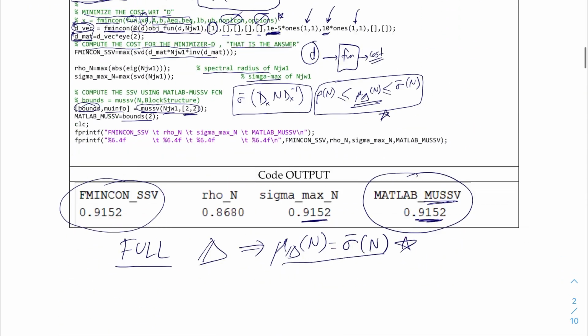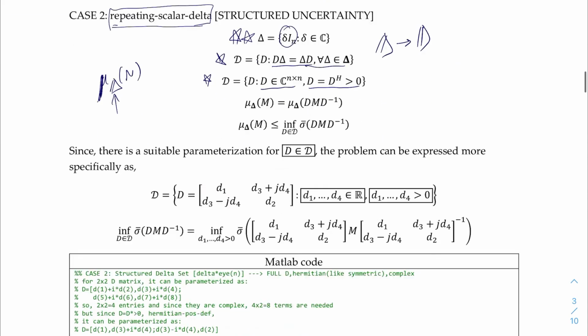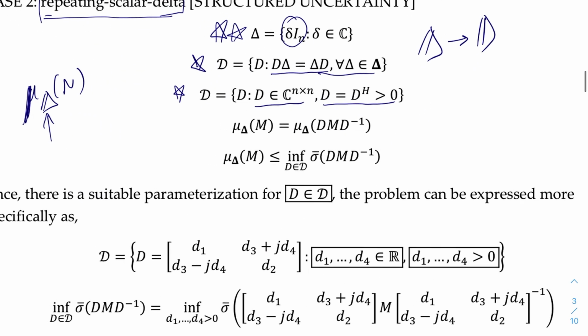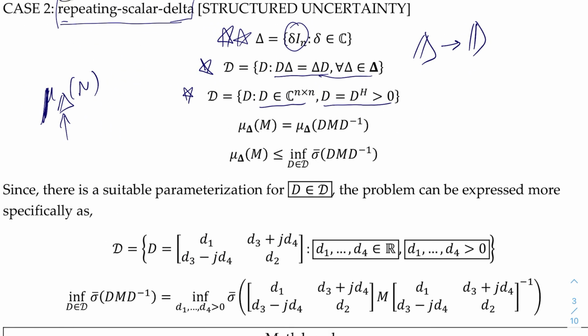This is our problem, right? And 2 by 2. So in a way, we need to find a parameterization where D is 2 by 2 and Hermitian and positive.